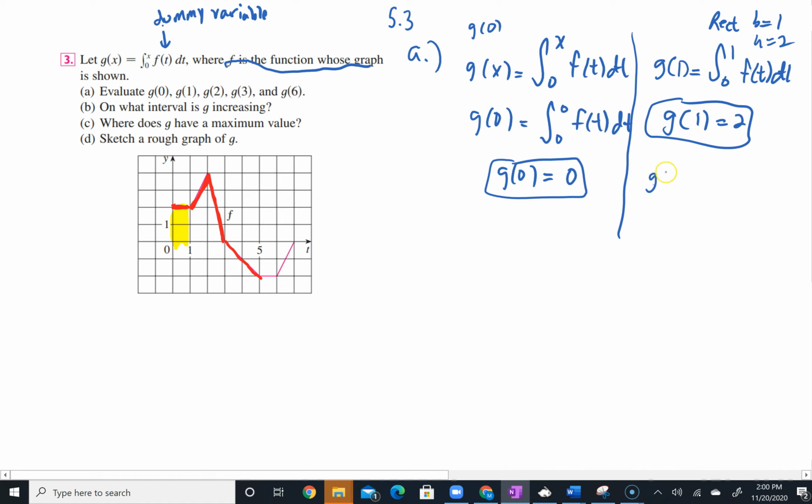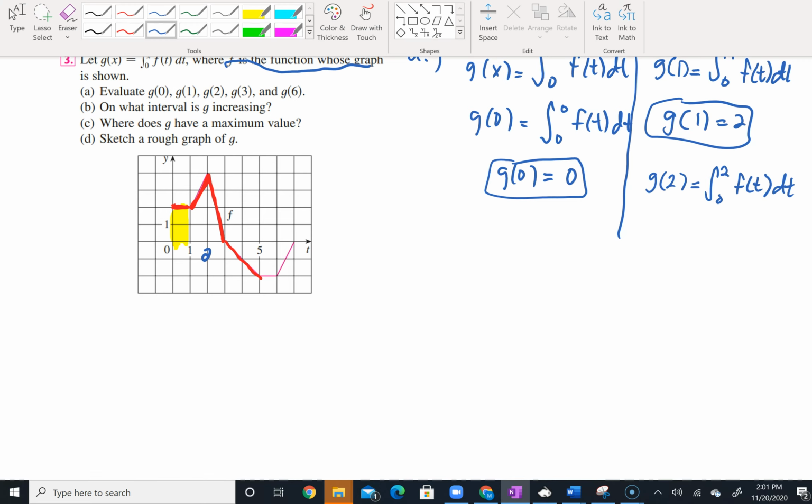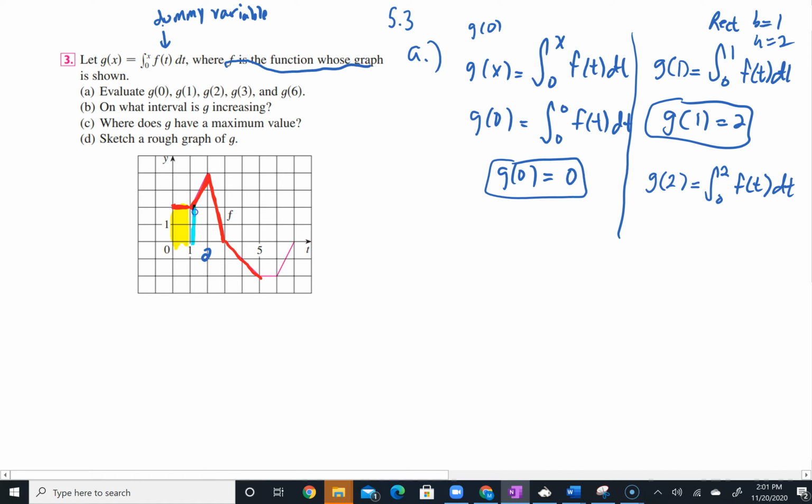Well, then they want you to find g of 2. Well, g of 2 is going to go from 0 to 2, isn't it? And, as you're working this thing out, you could say, well, from 0 to 2, wow, as we just come up this way, obviously we still have our answer from before in yellow, but I'm going to draw in maybe over here in blue.